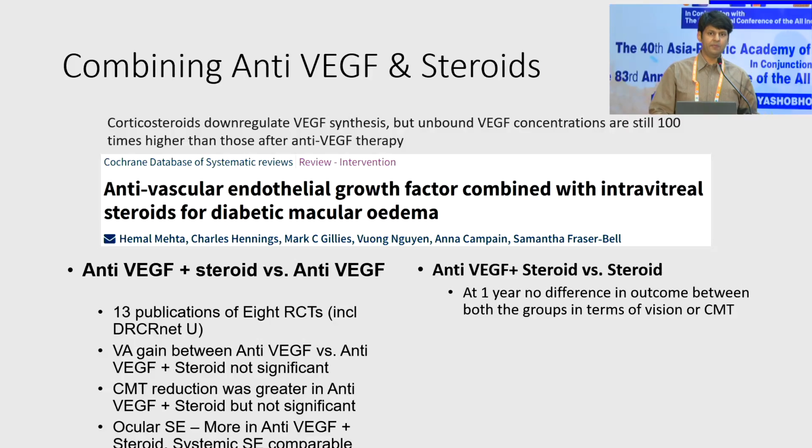Now, does combining anti-VEGF with steroid really help? Again, there is a Cochrane meta-analysis which has looked into this. In most places where this combination therapy has been quoted, the OCTs always look better, but it does not equally reflect in the vision getting any better.